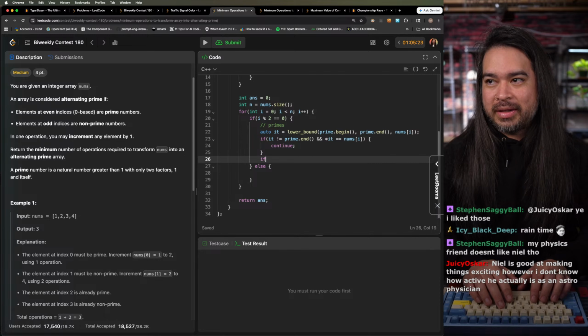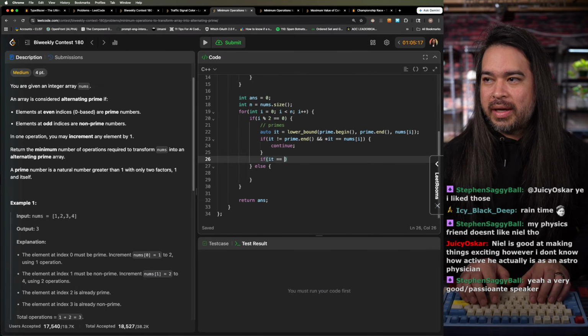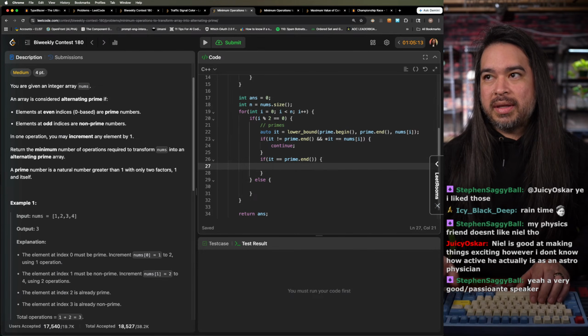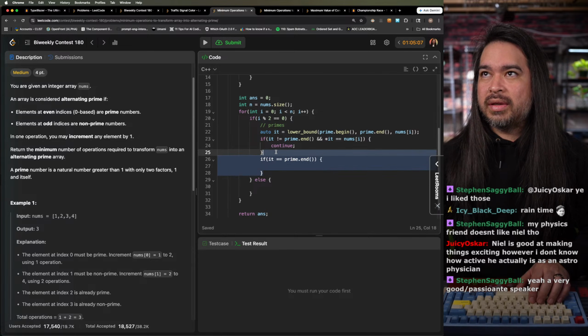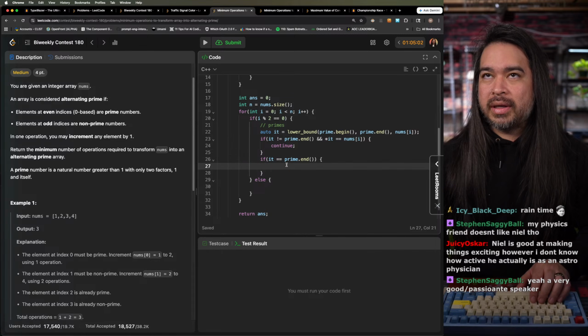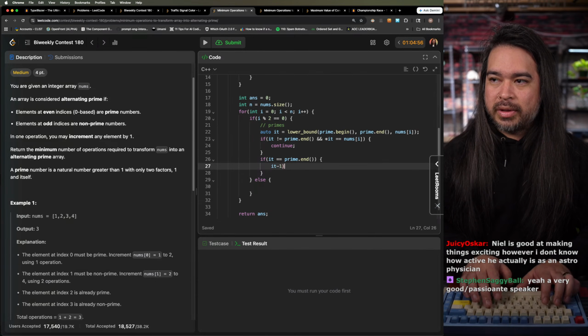So I'll say if it's equal to the end, what does that mean? Wait, what am I doing? That means nothing is larger, and the closest thing must be it minus 1.